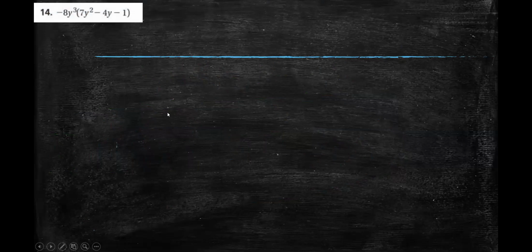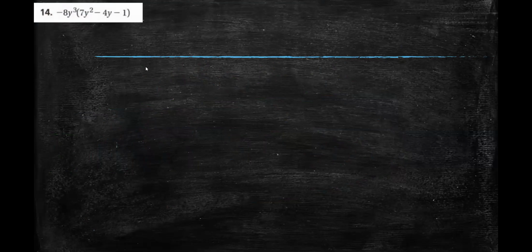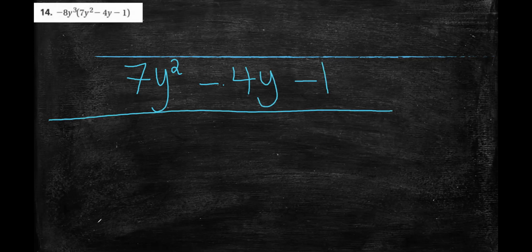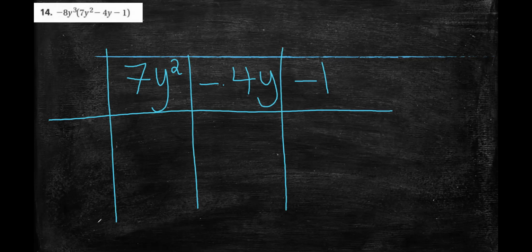So the first step now, write it as 7y squared minus 4y minus 1. Then we have 3 terms divided by 3 areas.